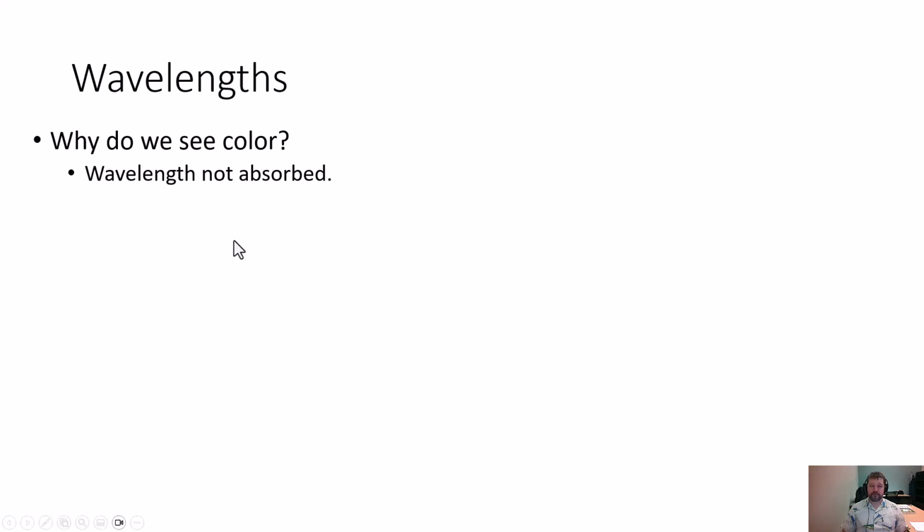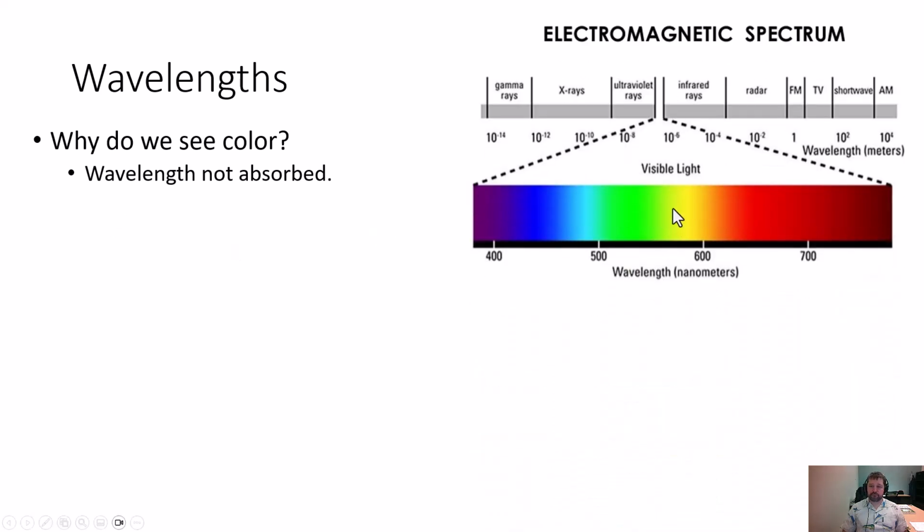So if you're looking at this spectrum here and you're seeing green, that's because that wave pattern is being reflected back. All the other wave patterns are being absorbed at this spot, but at 550 or so nanometers, that wave pattern is being reflected back.